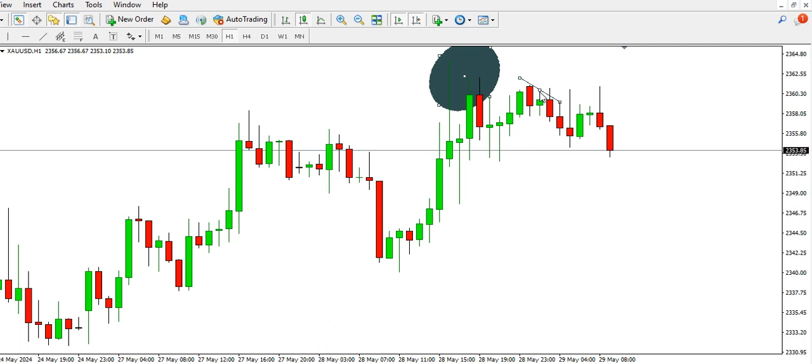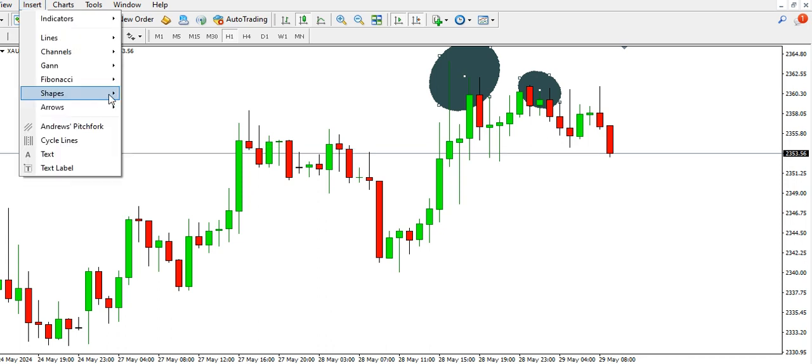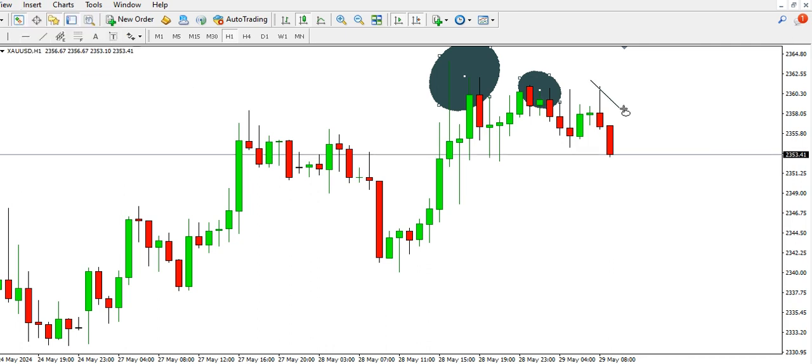Okay, and let's put this as a third top. All right, so on the 1-hour time frame, we can see price forming a triple top.